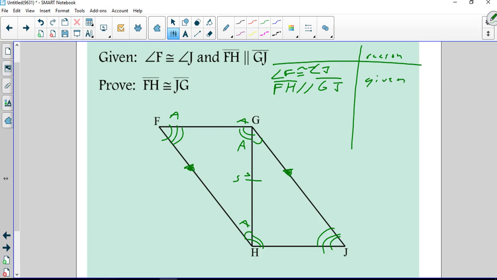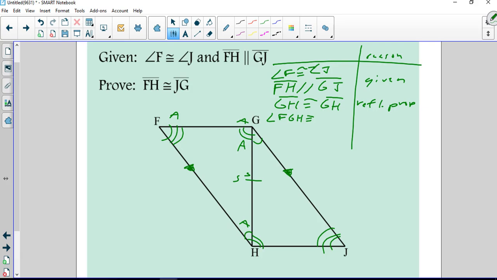Now, we said that GH was congruent to itself by the reflexive property. We also said that angle FGH was congruent to, now be careful here, we're starting at 3 arc marks, going to 2, going to 1.